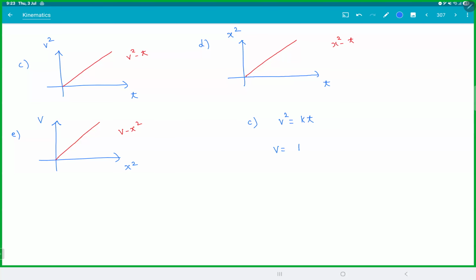So v is equal to root kt. So acceleration will be dv by dt. This will be root k by 2 root t. Yeah, this is non-uniform and decreasing with time. The time comes in the denominator.